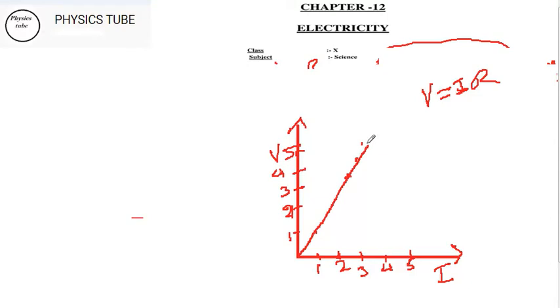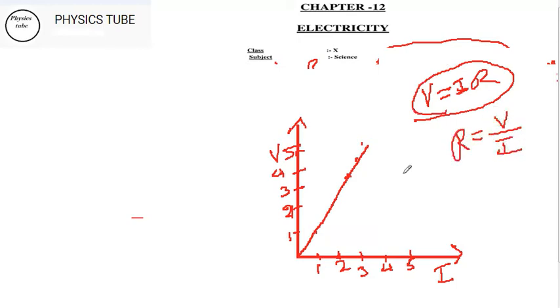That means I am talking about a voltage source and some resistance, due to whose values we can see the things are changing. That means this is going to be valid. So I can find out R by knowing V by I. Let me change color to make you understand in a better way.